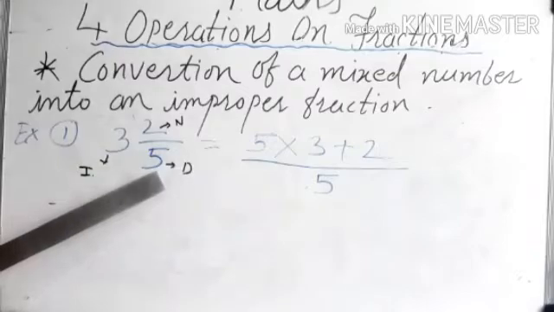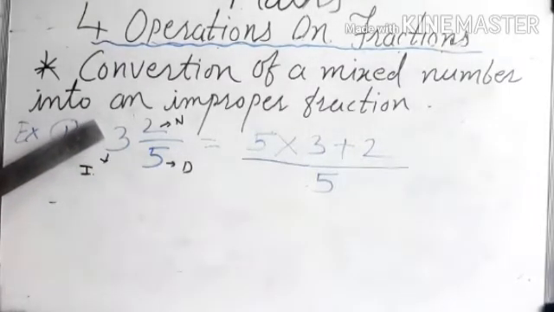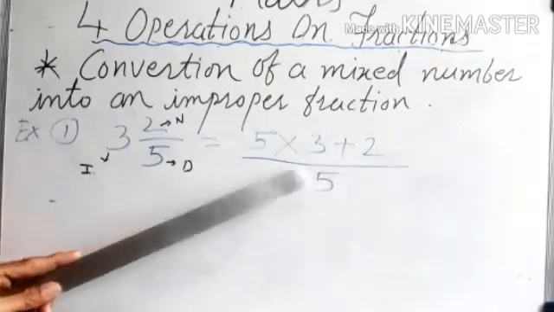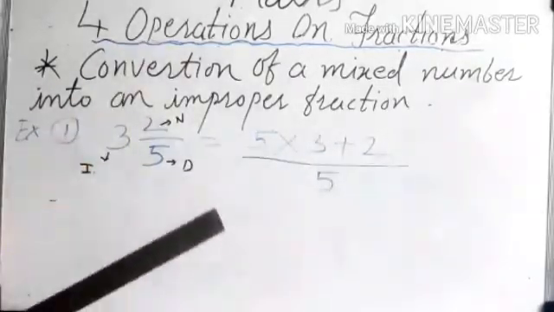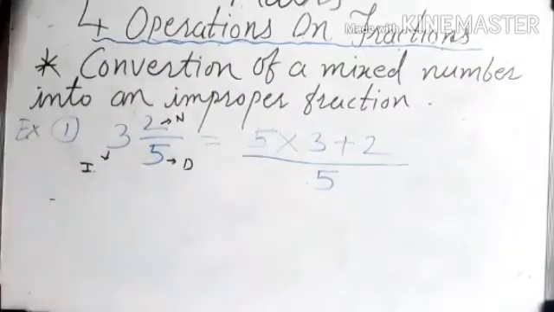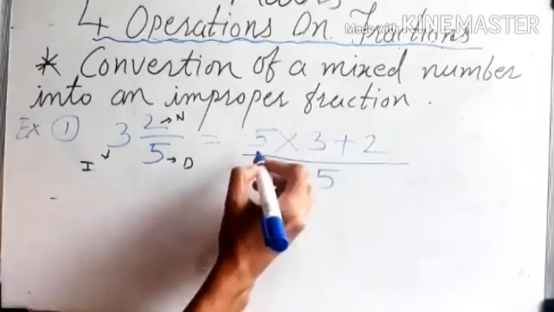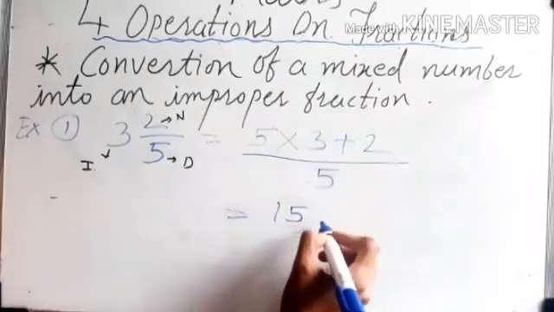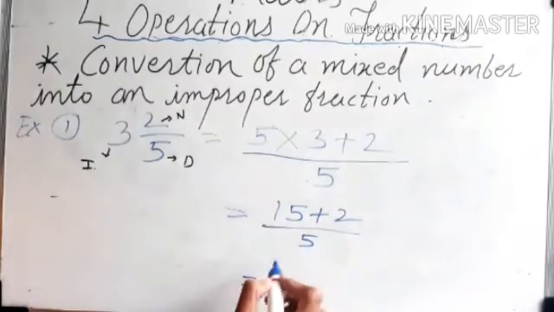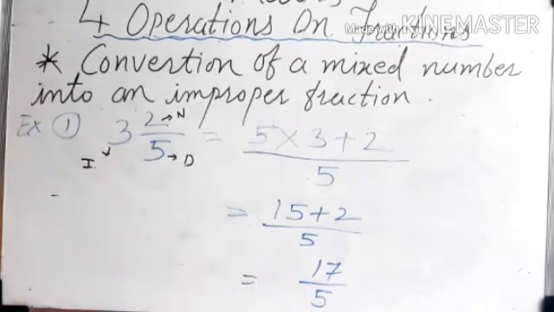So first the denominator multiplied by the integral number, this is integral number 3, plus you have to add this 2. All these things will be in the numerator part, upon this denominator, whatever denominator is there, as it is you have to write again, and then solve it. So what is the answer? 5 3s are 15 plus 2, upon 5, and then 15 plus 2 is 17 upon 5. So this is your answer.